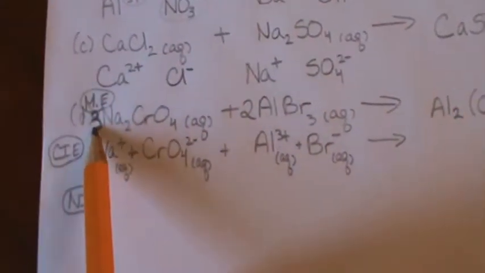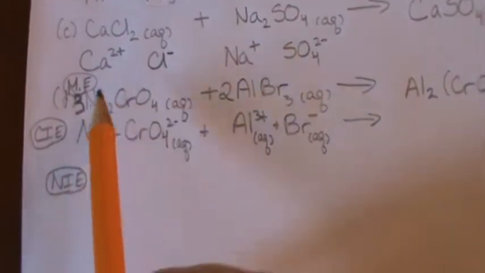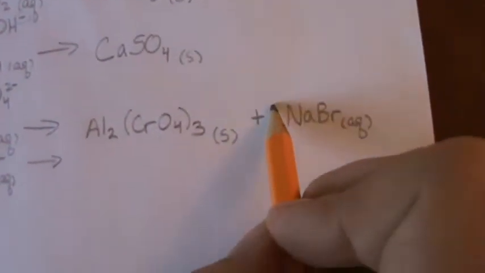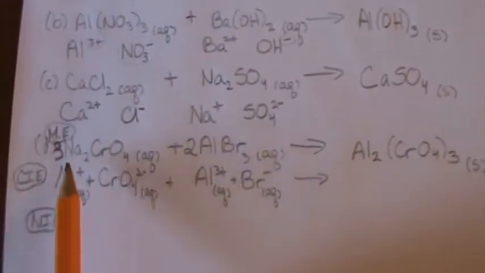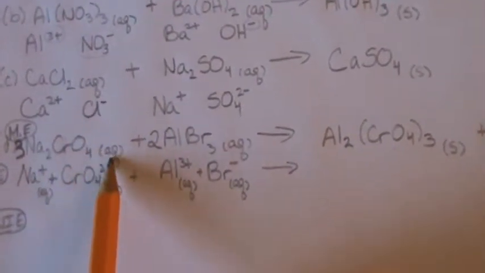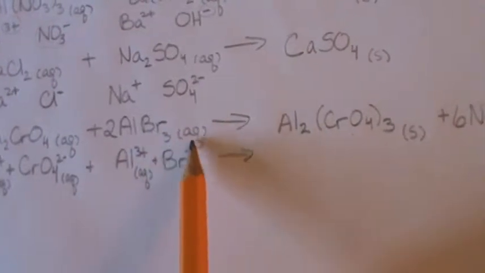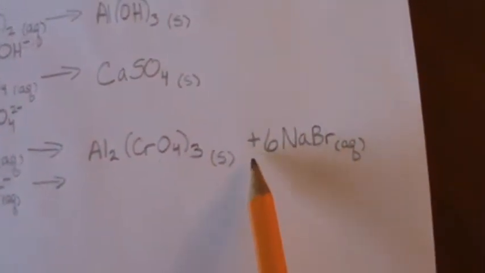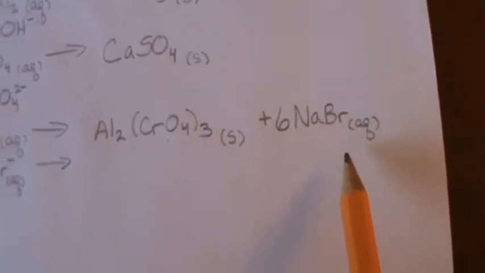So 3 times 2, I have 6 sodium ions, and 2 times 3, 6 bromide ions. So that works out rather well. All right, so that is balanced. 3 sodium chromate aqueous plus 2 aluminum bromide aqueous gives me aluminum chromate solid plus 6 sodium bromide aqueous.